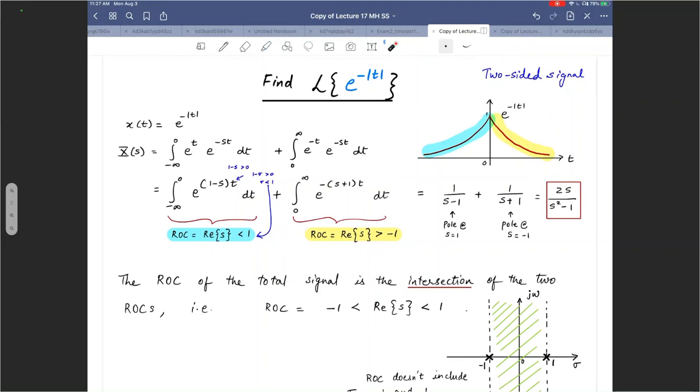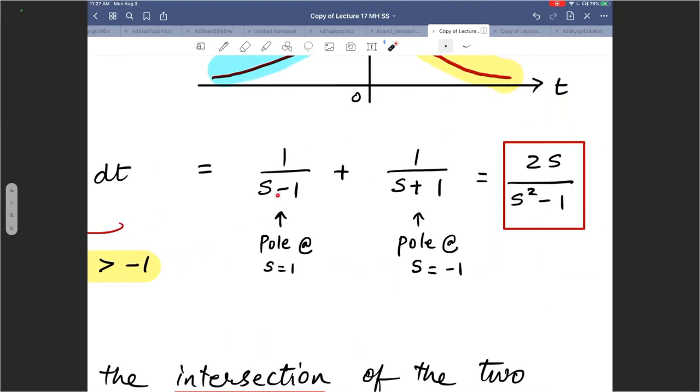When you evaluate the integrals, they come out to be 1 over s minus 1 for the first integral and 1 over s plus 1 for the second integral. However, their regions of convergence are different. For the left-sided piece, it is to the left of the pole, and for the right-sided piece, it is to the right of the pole. 1 divided by s minus 1 has a pole at 1, because when s is 1, the denominator goes to 0.